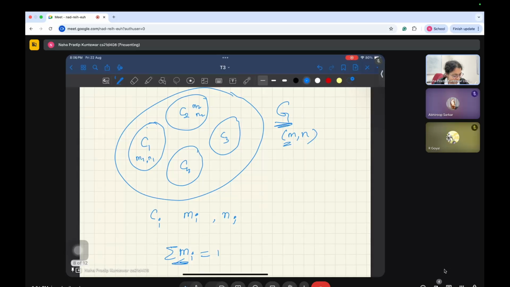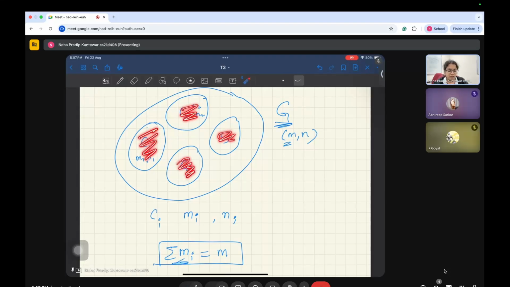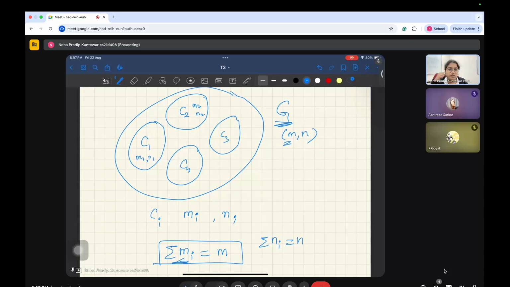I think the only thing I wanted to say was this. There are no edges between the components, so the only edges out there are within the Ci's. If I sum up those individual edges, I'll get the total number of edges in the graph. Similarly, if I sum up the number of vertices in each component, I'll get the total number of vertices in the graph.